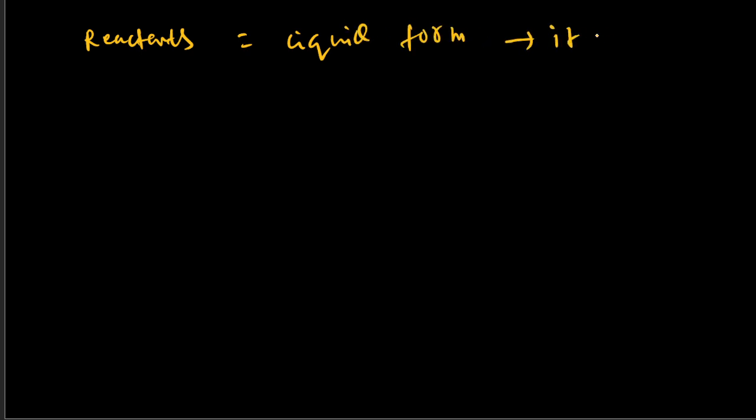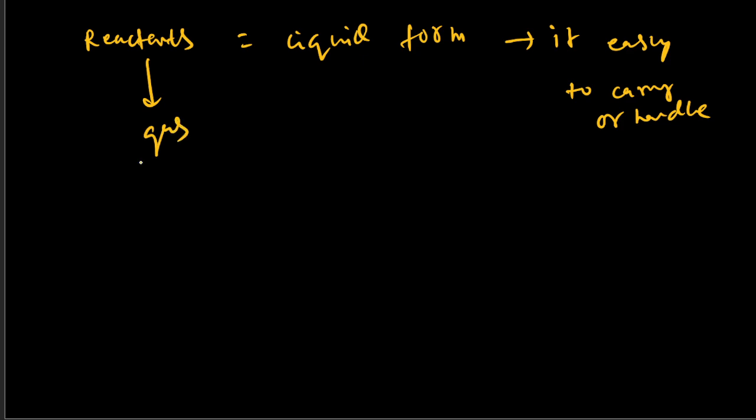Whenever you are carrying out reactions, if the reactant is in liquid form, then it is easy to handle while doing reactions. And if the reactant is a gas, then it is a little bit tough to carry out the reaction.